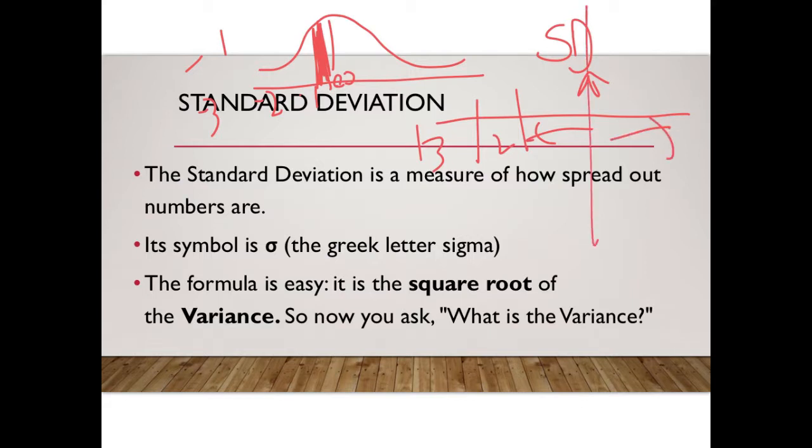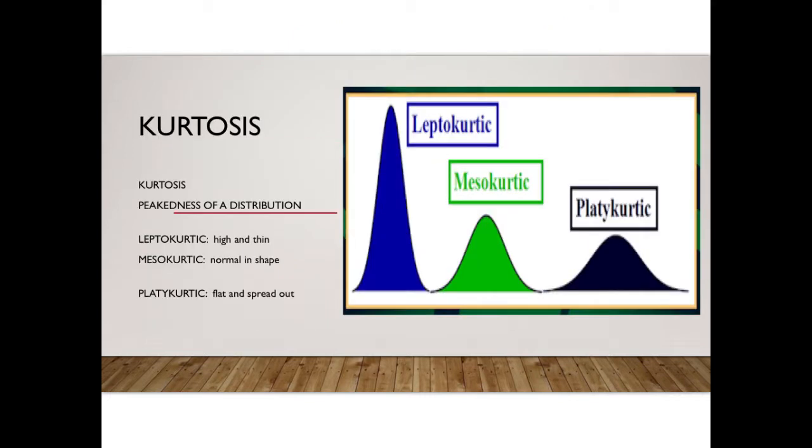Whatever line is in the middle here is the mean. Here is the symbol for it, and the formula is the square root of the variance. So what is the variance? That slide is not there. We will get to the variance in a minute.